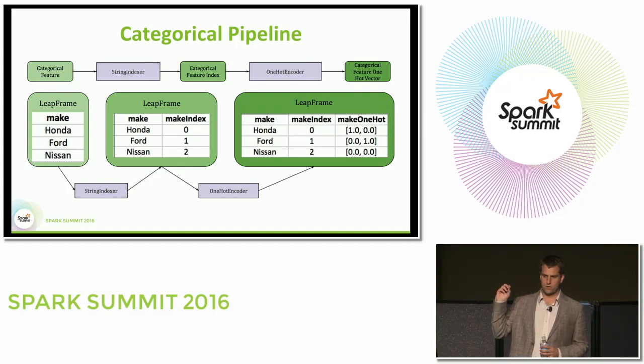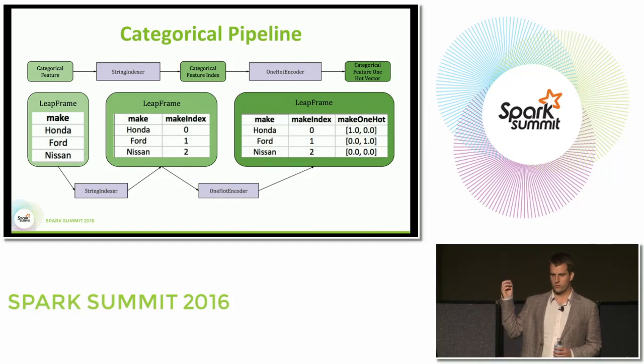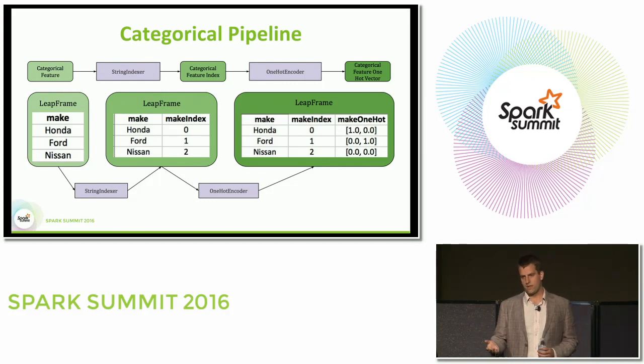And this is just sort of a nice visualization that I kind of like. It shows what a leap frame looks like and how simple it is and what's sort of happening at each step in your transformation. And this is just sort of a zoomed in view of that string indexing followed by one hot encoder step. So leap frame is just a column with all of your rows as the data.